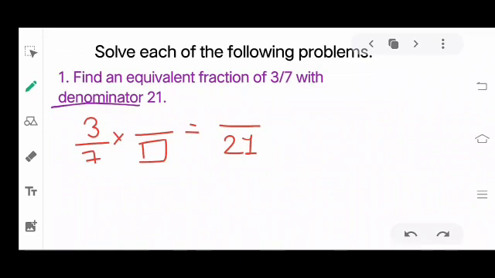So you can see, find an equivalent fraction of 3/7 with denominator 21. If I multiply 7 into 3, I get my final answer as 21. So if I multiply 3 with the denominator, I have to multiply the same number with the numerator. So 3 3s are 9. So my final answer is 9 upon 21. Students, this is a really easy method and you can do it with fun.